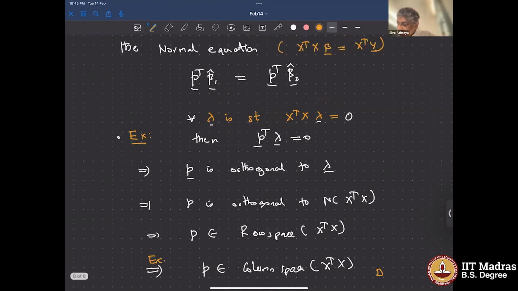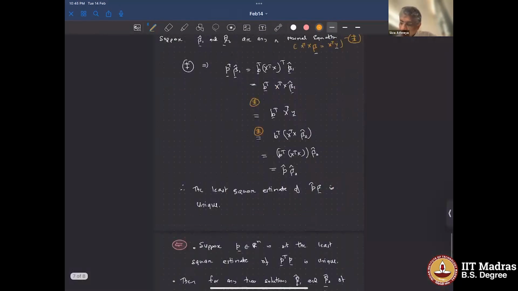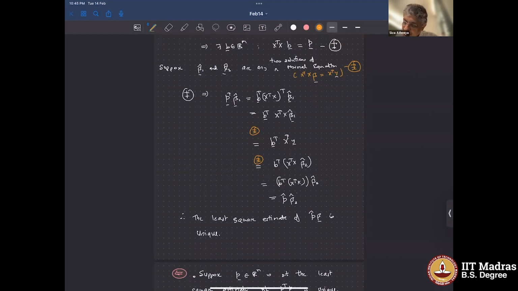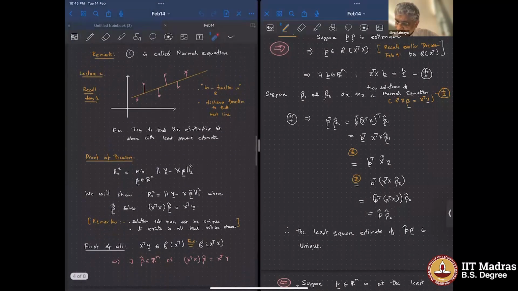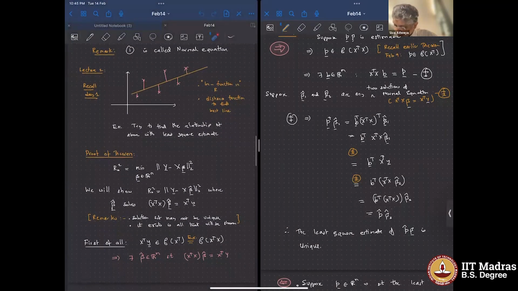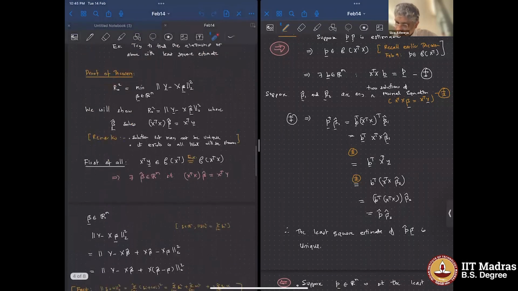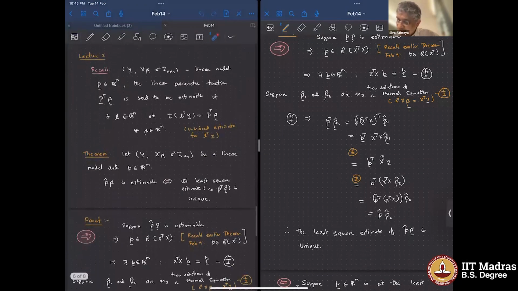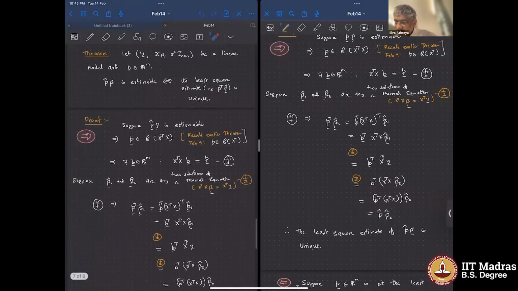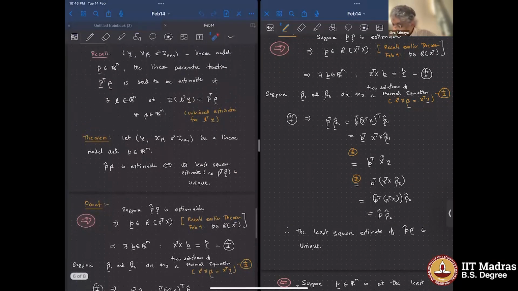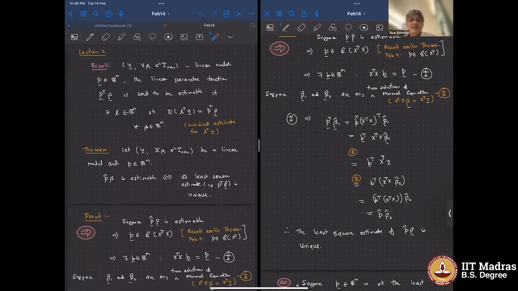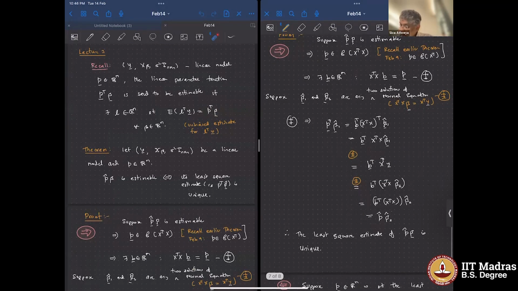So there's a nice theorem that we have shown: if your P transpose beta is estimable, then its least square estimate is unique. And the proof goes by a very simple idea.